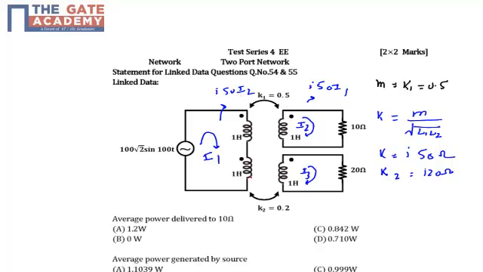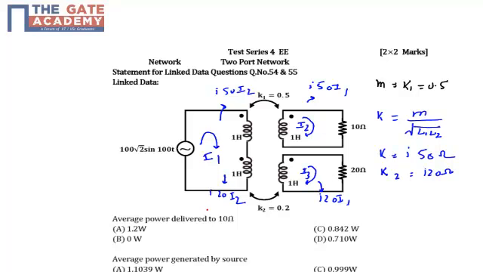Because of the source coil 1, we have a voltage in coil 3 which is J20 I1, because the coupling between coil 1 and coil 3 is J20. Similarly, because of the current I3, we have an induced voltage in coil 1 which is J20 I3. So now we have these four voltage sources.